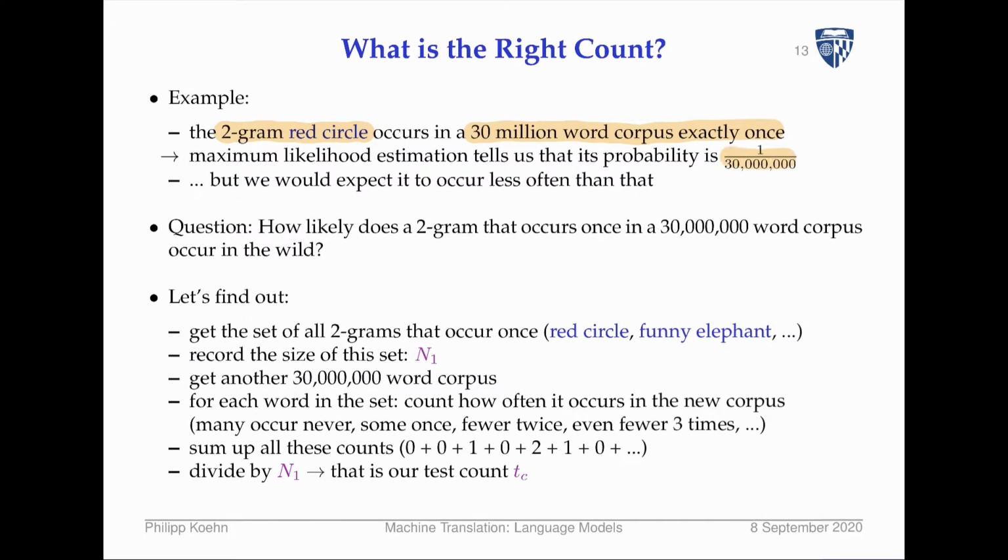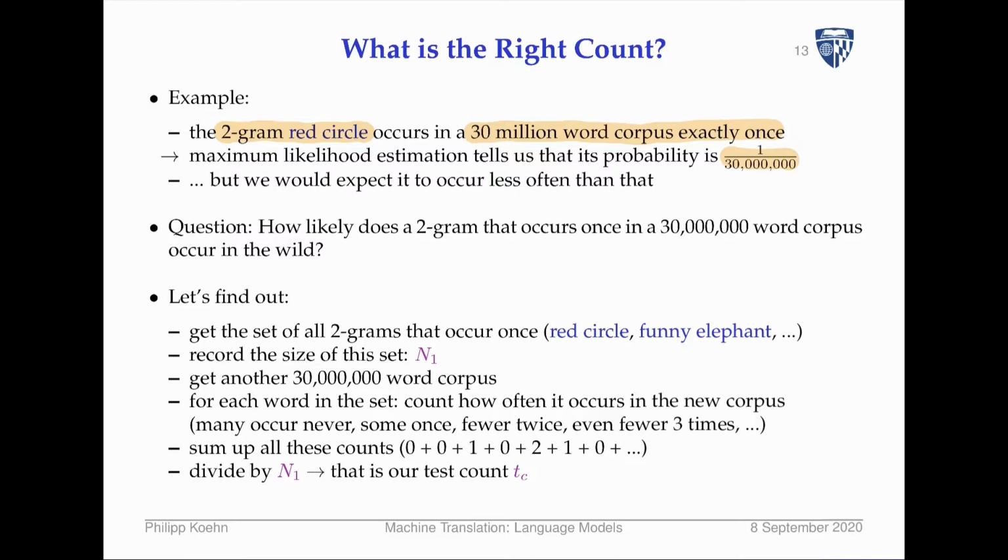It's 1 out of 30 million. We're not estimating language models, we're just estimating the probability for this bigram. But we would expect it to occur less often than that. Why is that? Well, because there are unseen events that we expect to occur. So if we expect unseen events to occur, it means all seen events have to occur less often.